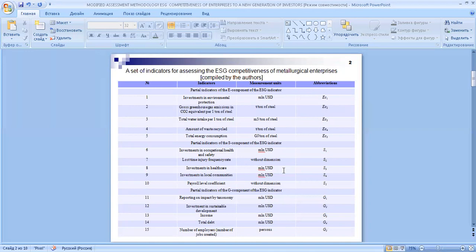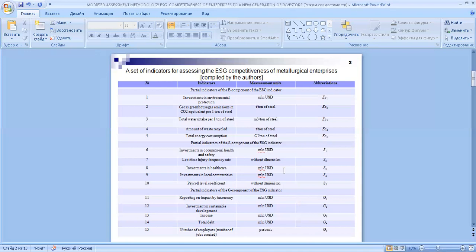Indicators of immunity or homeostasis of ESG competitiveness of enterprises are indicators of statics. However, for management decision making and strategizing, dynamics indicators are currently more important.